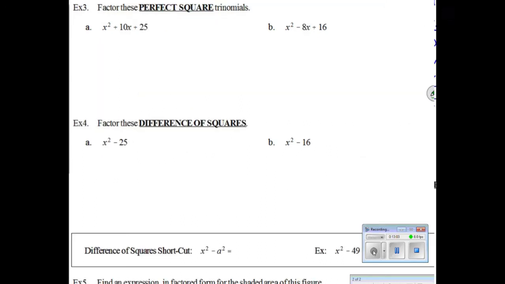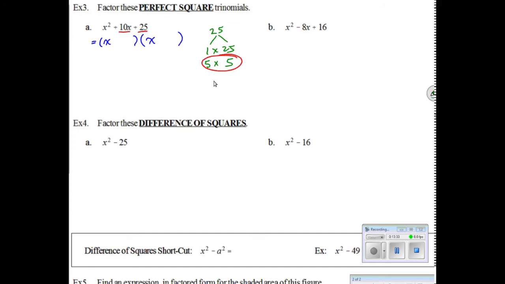Okay, now we're going to work on factoring the perfect square trinomial. Okay, so just like before, we always looked at the last number and found all the multiples of 25. 1 and 25 and 5 and 25. So we're going to set up our brackets and we're going to factor it. Okay, so now we're just going to check. 5 times 5 is 25, but 5 plus 5 is going to be positive 10.